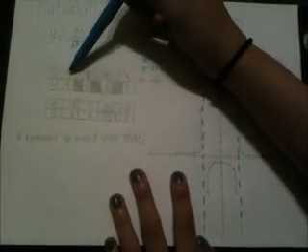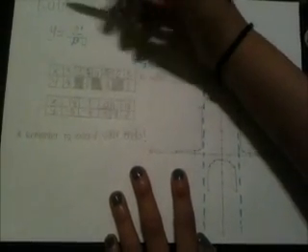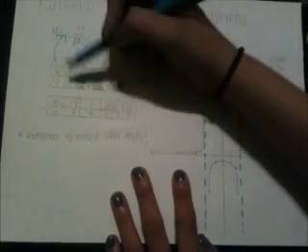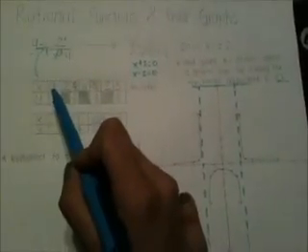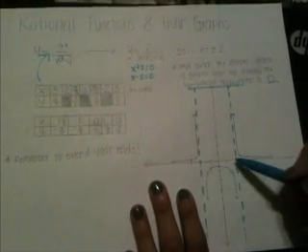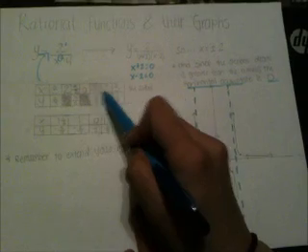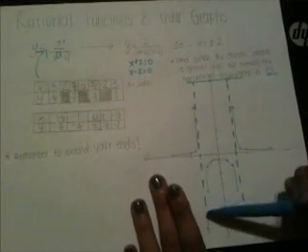And here you can see that I've gotten points and I've plugged them into the original equation, and I've gotten these points. And we have to remember that the positive x values will be to the right of the asymptote that says x equals 2, and the negative x values will be to the left of the asymptote x equals negative 2.